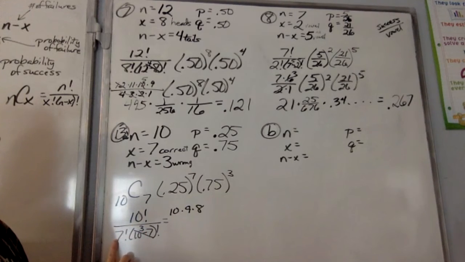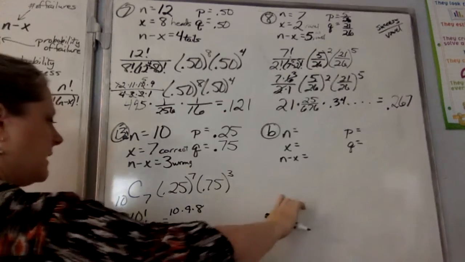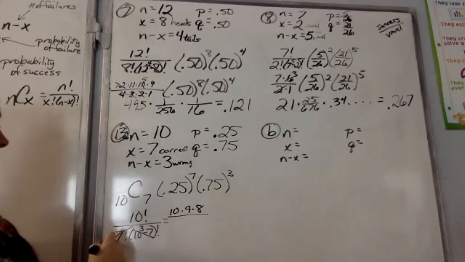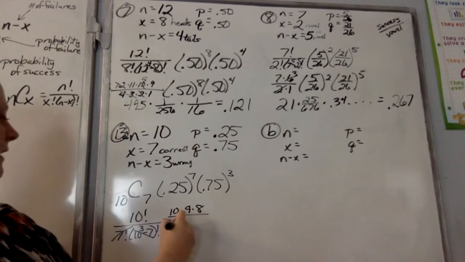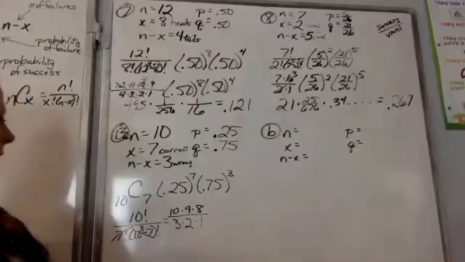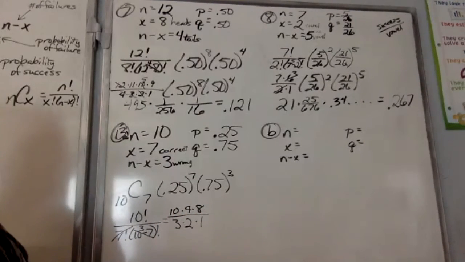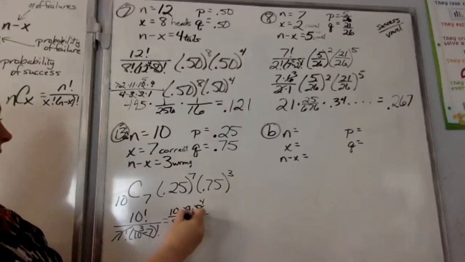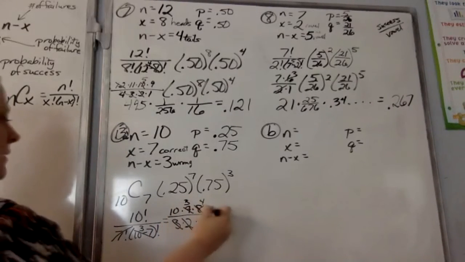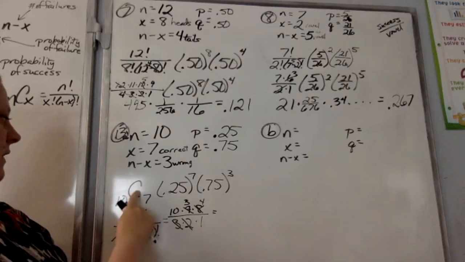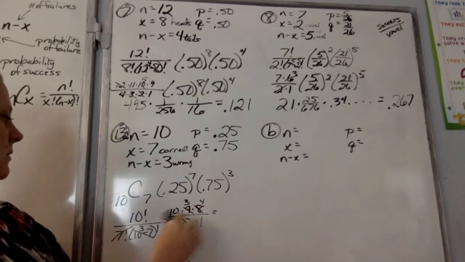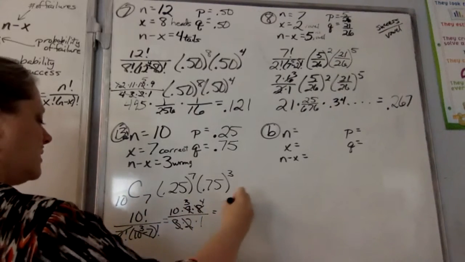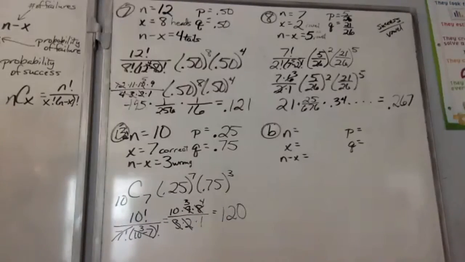The 7 factorial would cancel the 7, 6, and so on down from there, so it's gone. Here, I'm still left with 3 times 2 times 1. And then you try to simplify. 2 can go into the 8 4 times, 3 can go into the 9 3 times. So this first section is just equal to 120: 10 times 3 times 4.